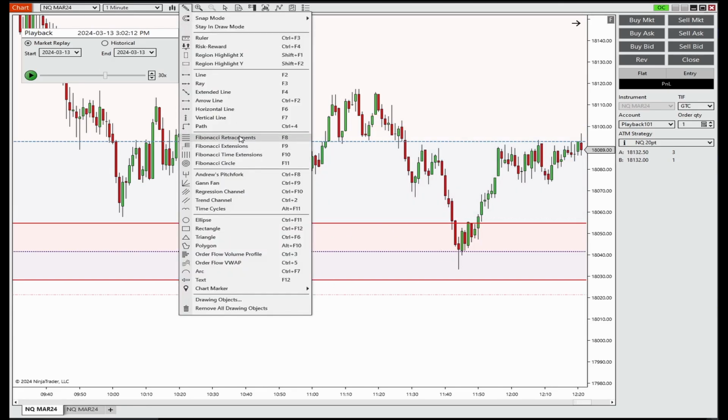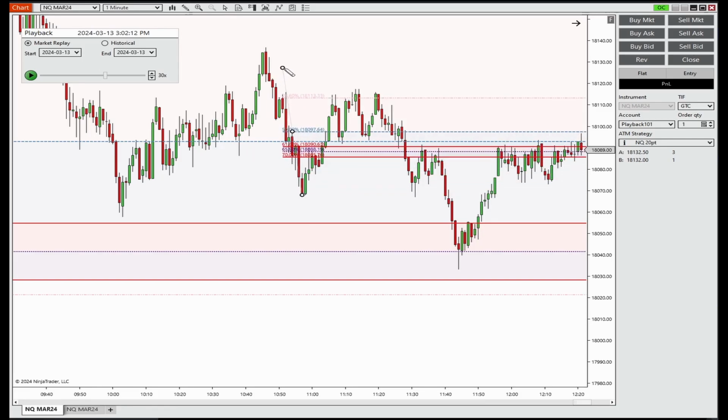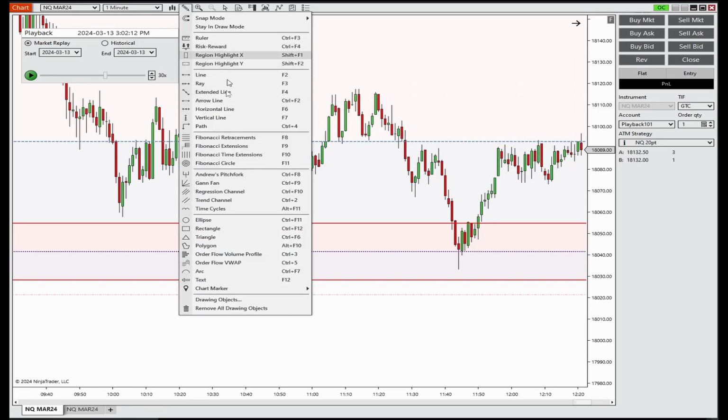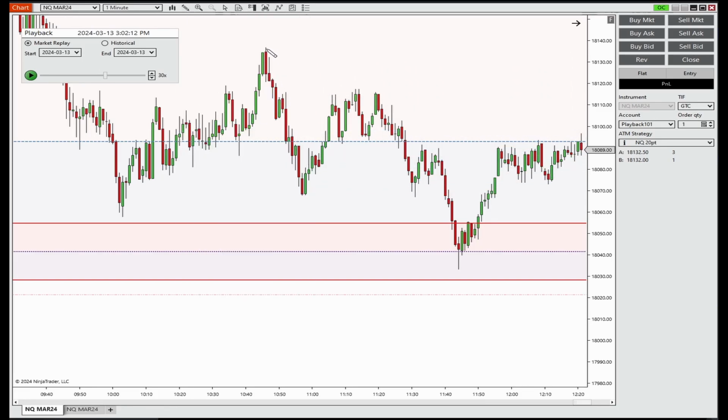The Wombo combo is we're drawing it from where the energy of the move happened. Sometimes that will be the high, sometimes it will not be. And you're drawing it to the area without manipulation. Now this closed here, so we can draw it from here. But if this candle wicked below this one, we would draw it from the low of this candle here.